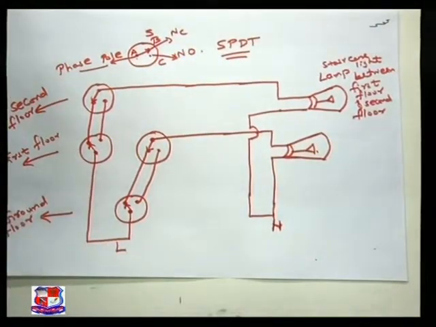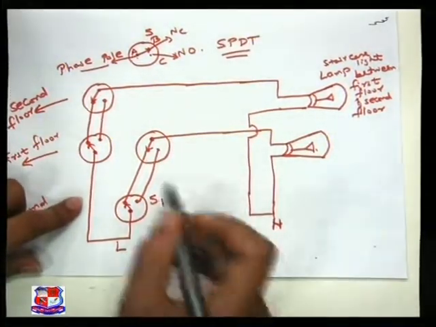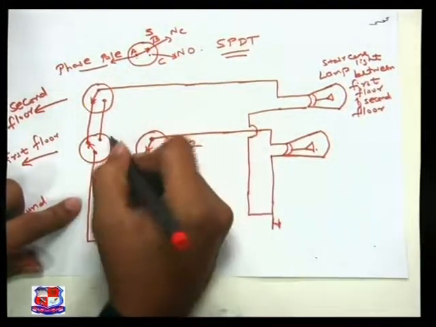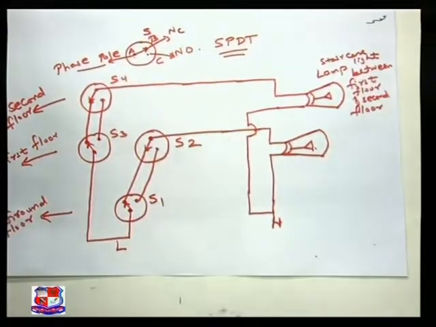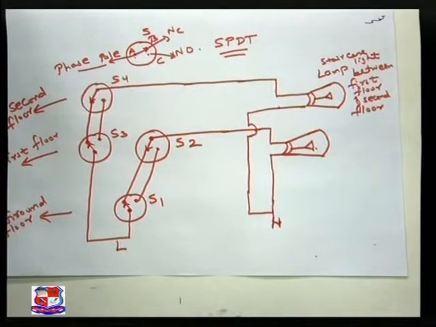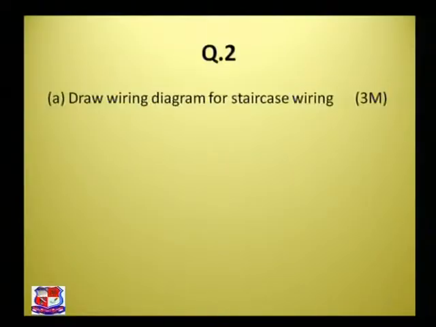Right. Up to now, what we have seen is, I am naming this switch S1, this S2, S3 and S4. If a question is like draw the wiring diagram for staircase wiring for 3 marks, this is enough.